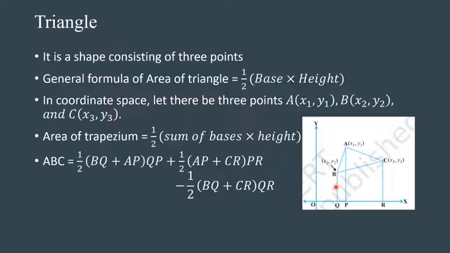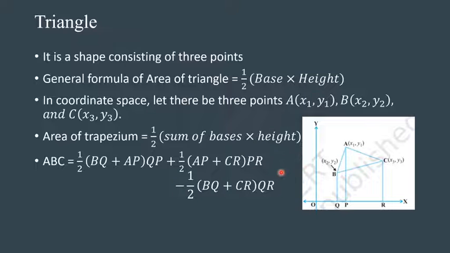So as you can see, this shape BQPA is a trapezium, and also APRC is also a trapezium. And even you can see this BQRC is also a trapezium. You can see BQ and CR are parallel, BQ and AP are parallel, and then AB and QP are not necessarily parallel, and BC and QR are also not necessarily parallel.